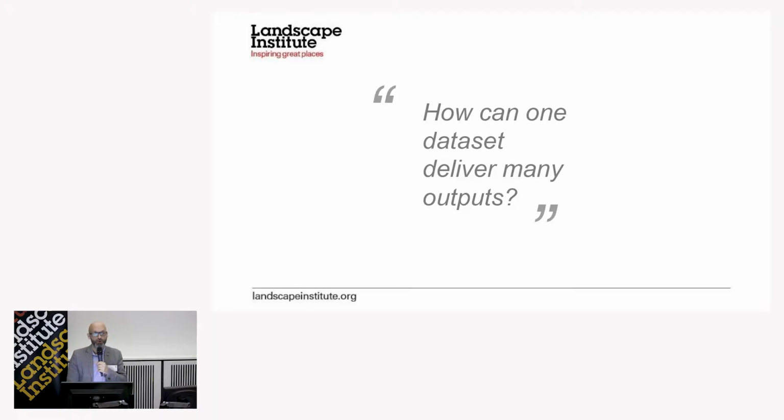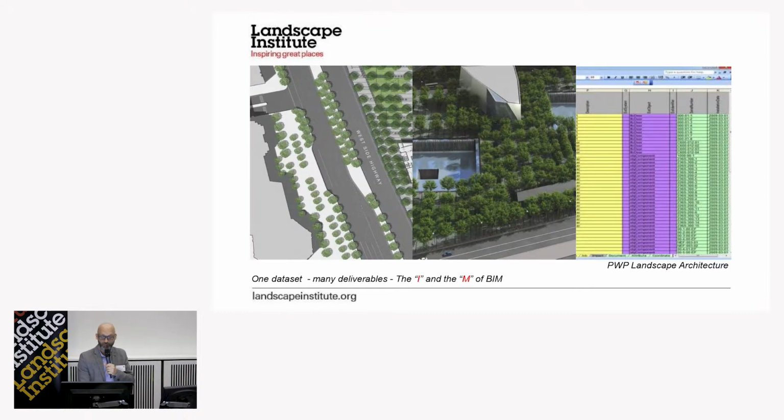So the next question might be, well, how can one single data set deliver those different outputs? The simple answer to that is that it's in the software. The technology has developed from the software point of view so that we're no longer dealing with just simple lines or arcs and text. So we're not simply replicating an electronic drawing board, but we're developing intelligent software that enables those different links to be made to both the geometry and also the alphanumeric data.